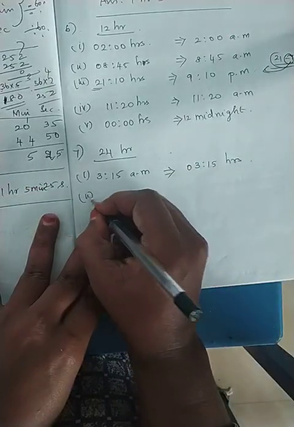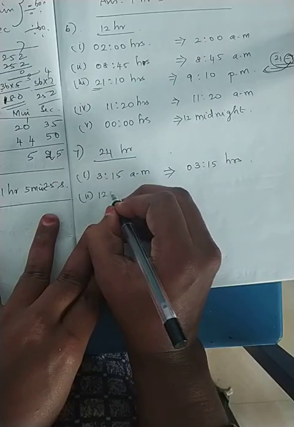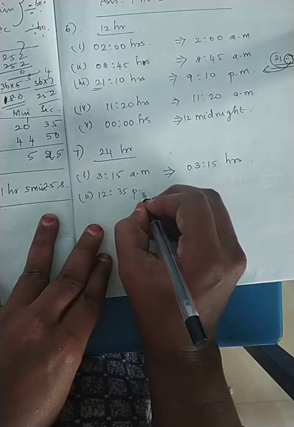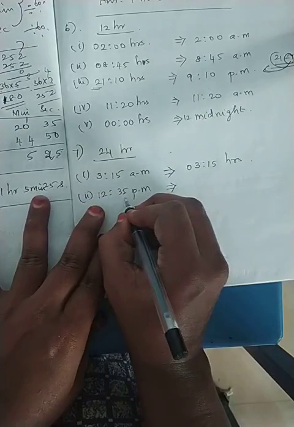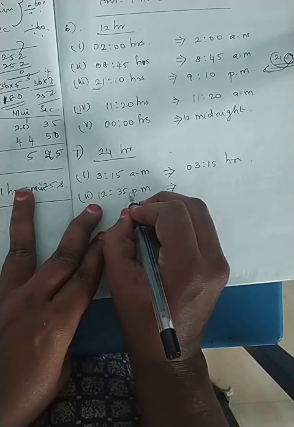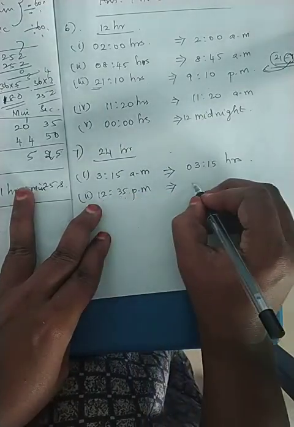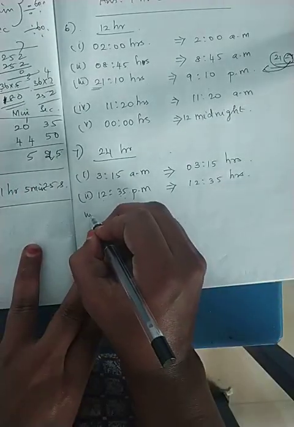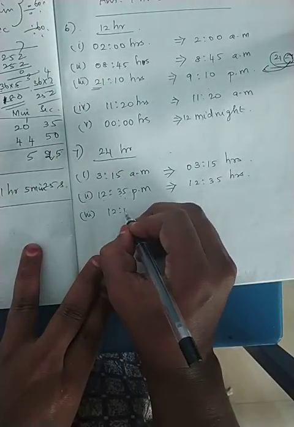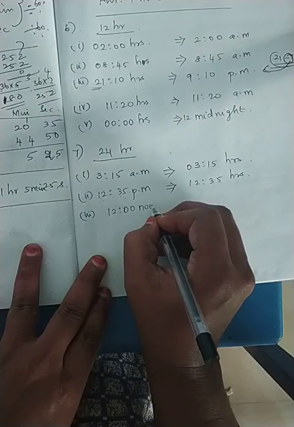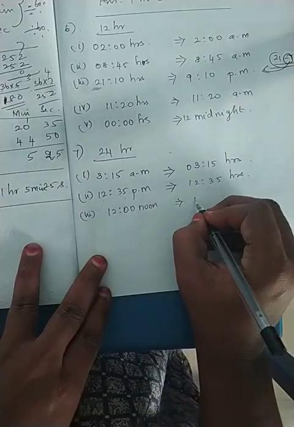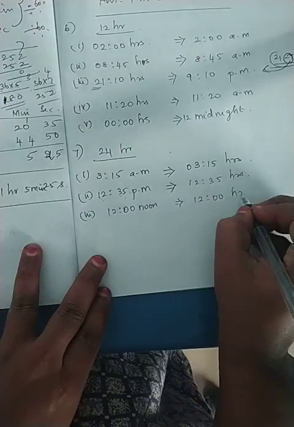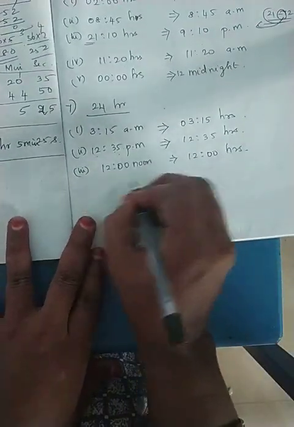Then coming to the second one, 12:35 p.m. So it is after 12. Since it is still 12, I can write 12:35 hours. Then third one, I can write 12 noon. 12 noon is written as 12 hours only, because noon is in the mid afternoon.